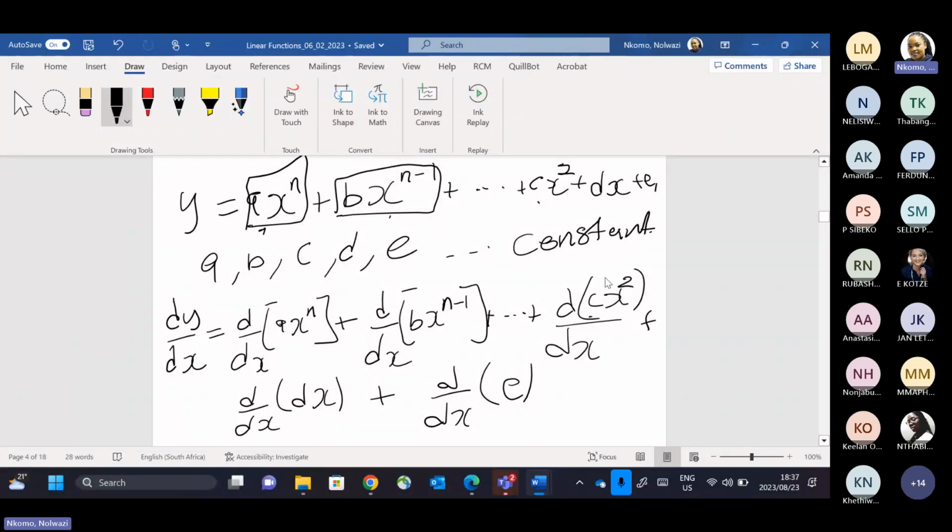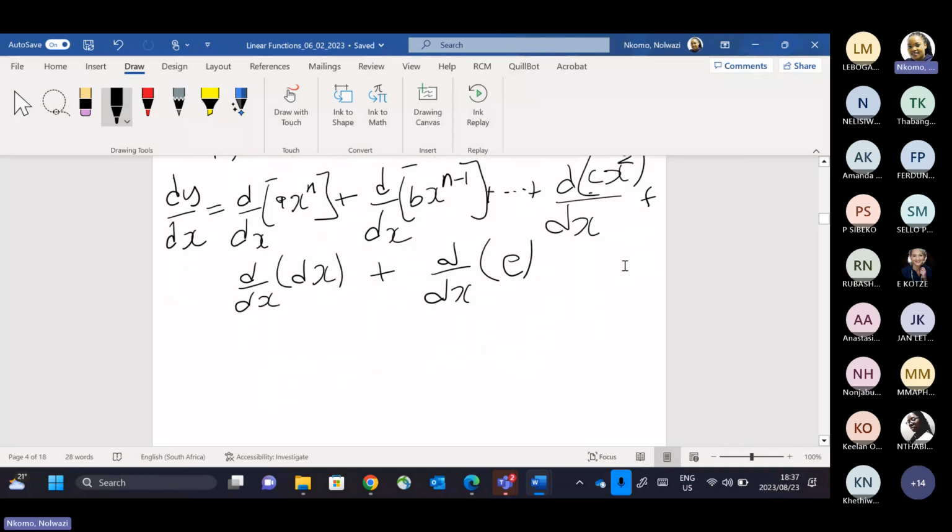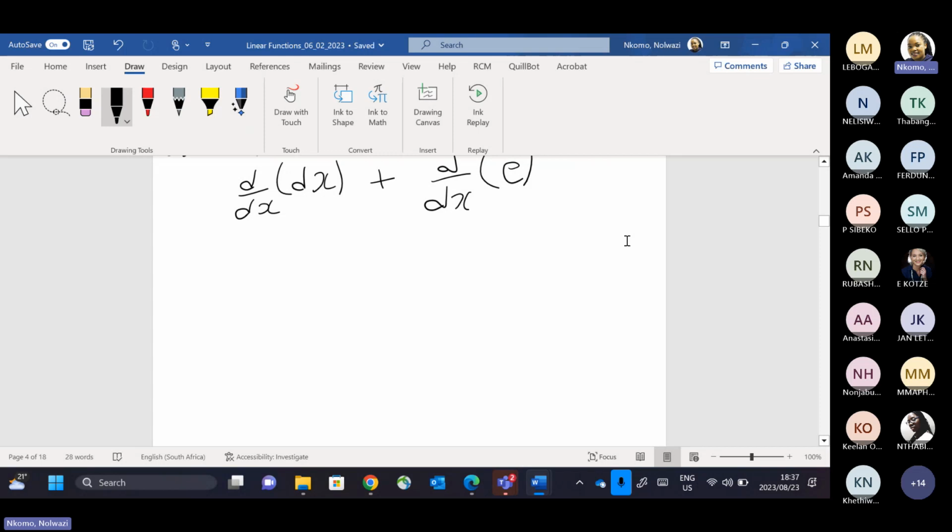Then let me do an example. Suppose our polynomial is given like this. Okay, we have y equals x cubed plus 10x minus 100, right?